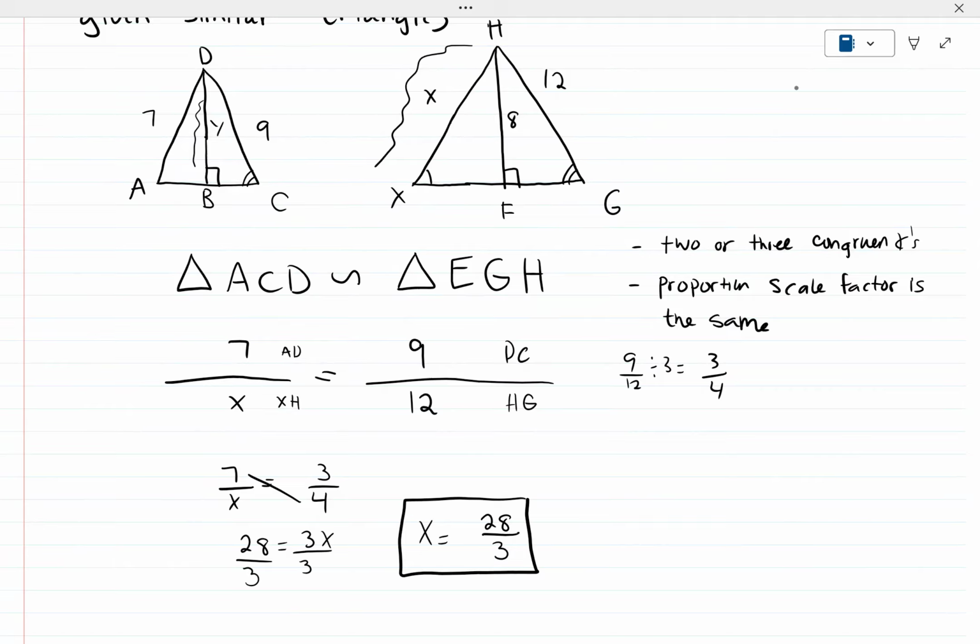Let's find y. Another keynote: if two triangles are similar, the altitudes are proportional.